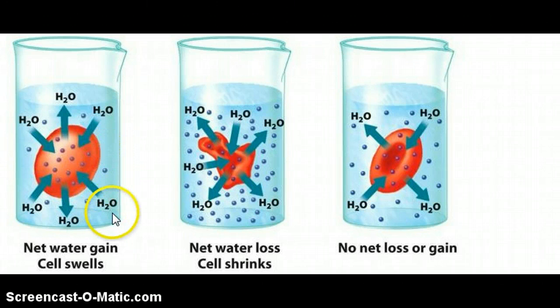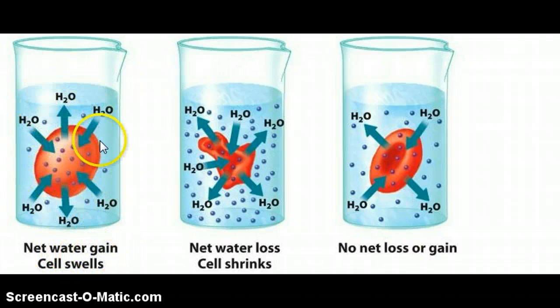The only way to do that is for water to move into the cell. So water will actually rush into the cell. And as you can see, this cell is very plump. It has swollen up a bit because water has rushed in. Notice water also comes out, but the idea is that more water has gone in than come out. That's why you see net water gain.